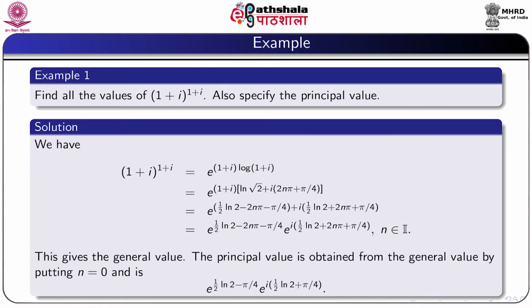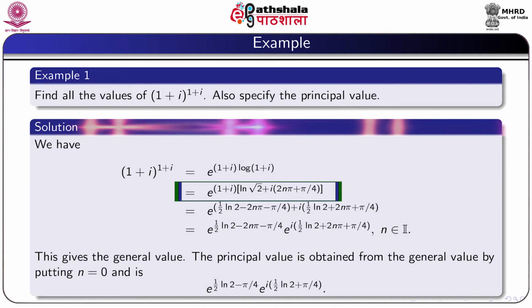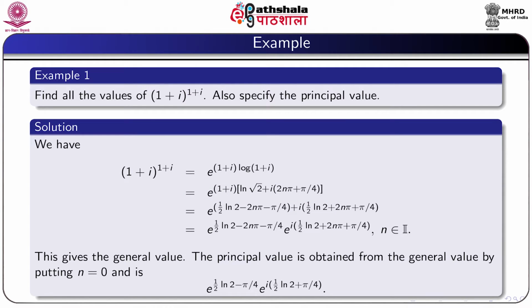So, here (1 + i)^(1 + i) is equal to e to the power (1 + i) log(1 + i), which is equal to e to the power (1 + i) times [ln root 2 + i(2nπ + π/4)], and that is equal to e to the power [(1/2) ln 2 − 2nπ − π/4 + i((1/2) ln 2 + 2nπ + π/4)].